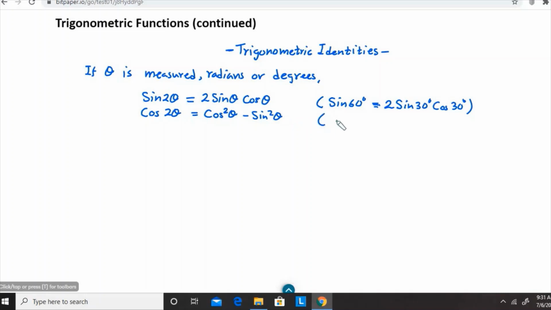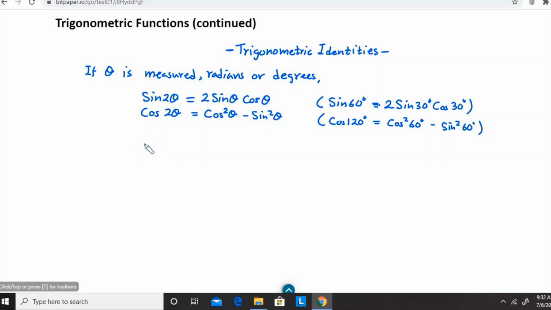Again, as an example, let's say cosine 120 degrees. That's the same as saying cosine squared 60 degrees minus sine squared 60 degrees. Okay, so this is the first set of identities.